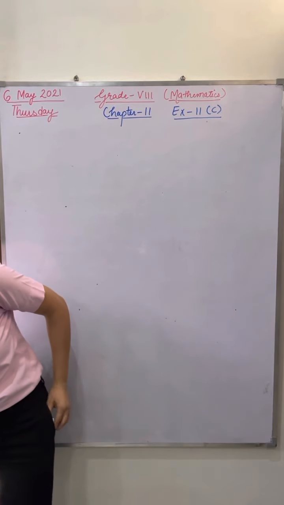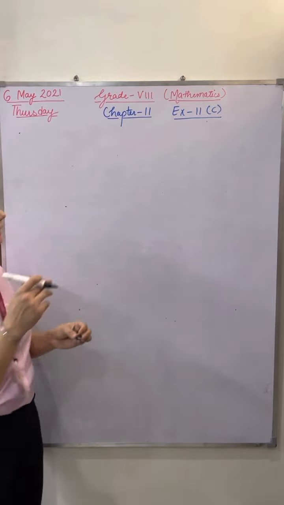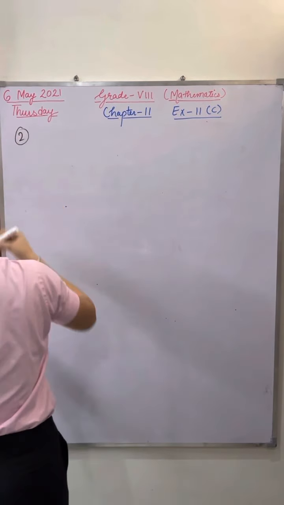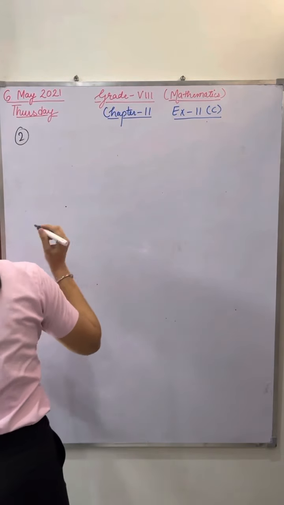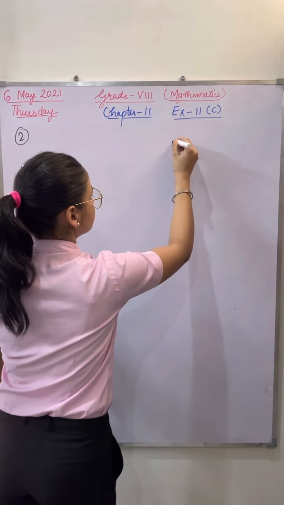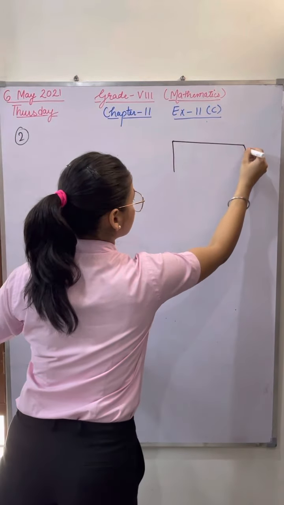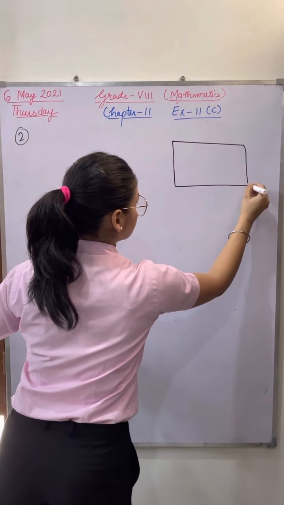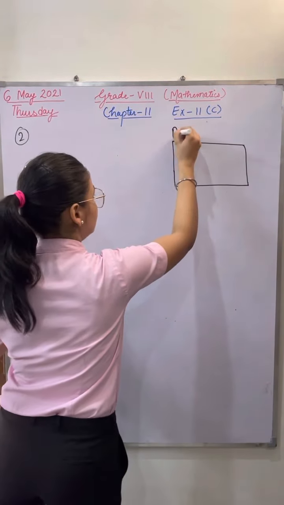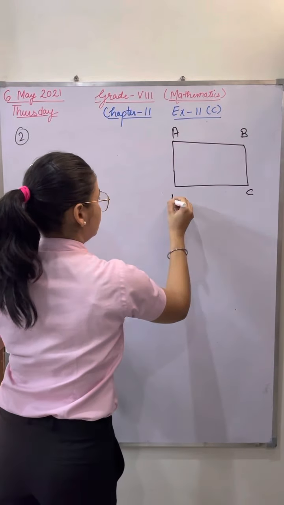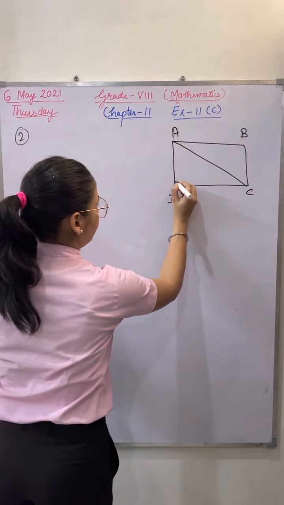Question 2. A figure is given to you. I'm making the figure here. A, B, C, D. And this is the 90-degree angle.